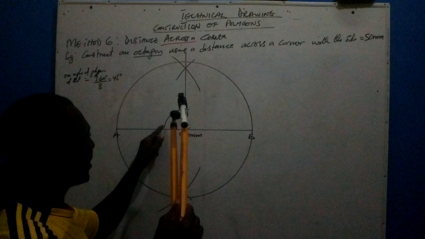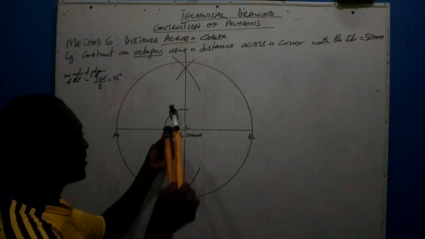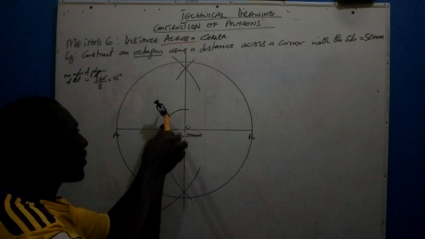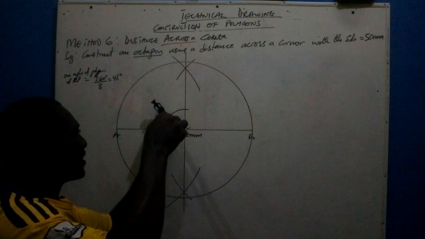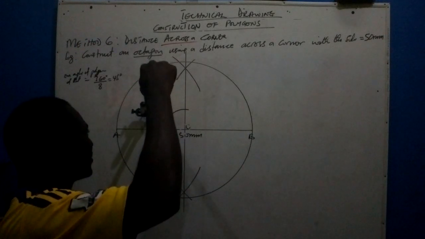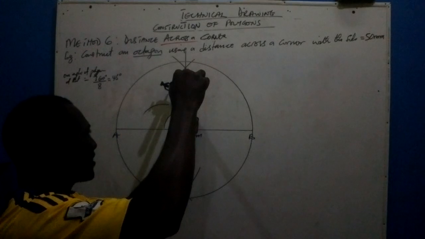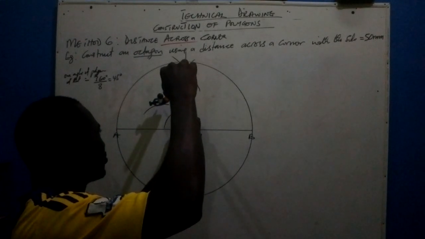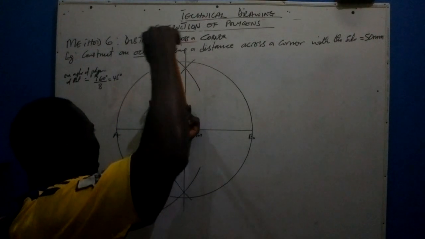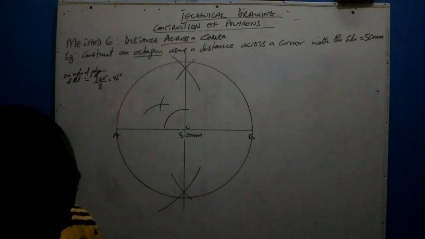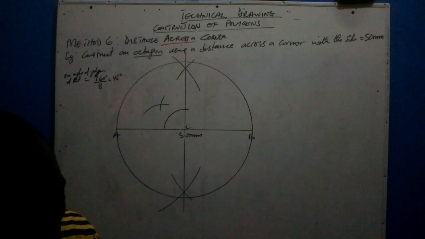Then between here and here is giving us 90. Then when you bisect 90 into 2, you get what? 45. Then I will stand here, open, construct my arc, then stand here also to construct another arc.